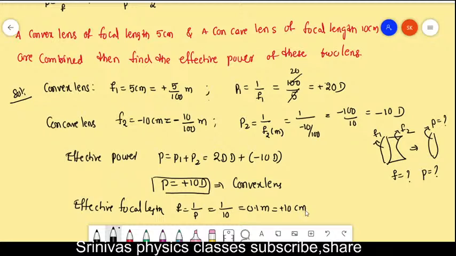This is the effective focal length, right? Is it correct? Right, the effective focal length is 10 centimeters. Is it correct, Nishant? Savan gave 10, the right answer.